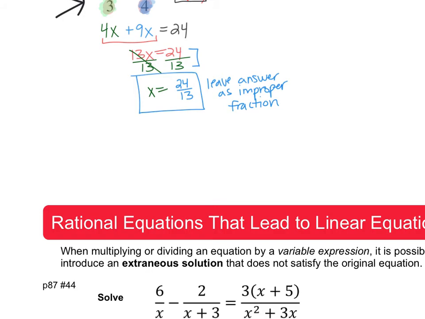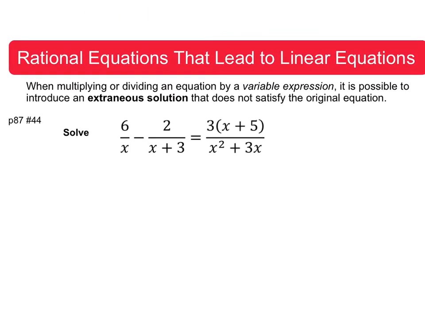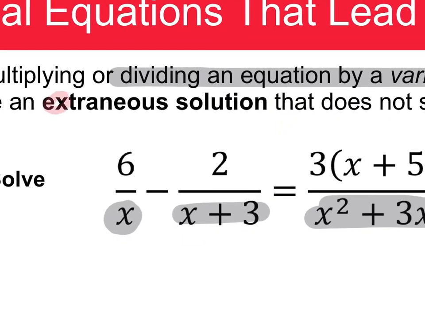Now we're going to do a couple more of these to get some practice. If you have a variable in your denominator, so here we have an x plus 3, we have an x squared plus 3x, whenever there's a variable in the denominator, it's possible that you have extraneous solutions.